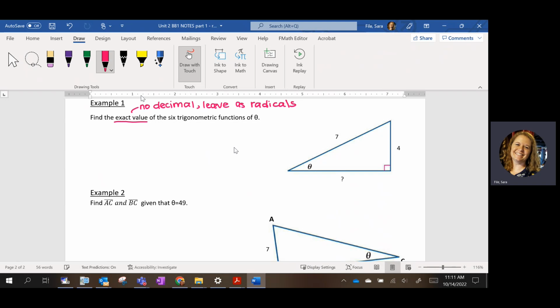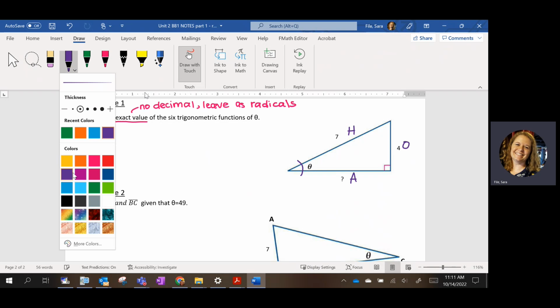All right, so here we've got a triangle from theta. This would be my opposite, adjacent, and hypotenuse. Y'all agree with labeling? Okay, I can go ahead and give sine. It says give all 6 trig ratios, so I'm going to write all 6 of them out here.